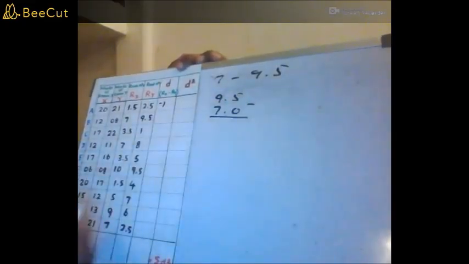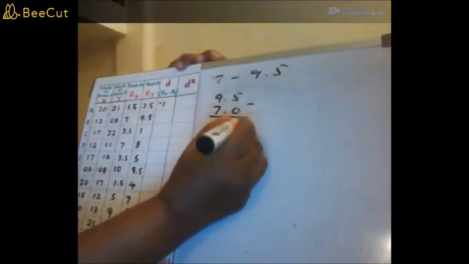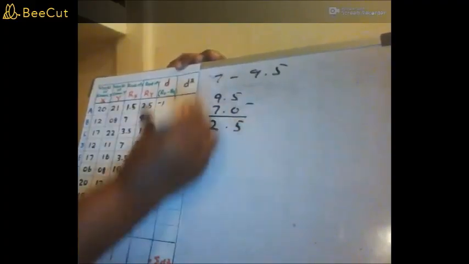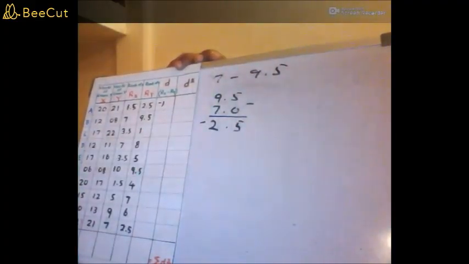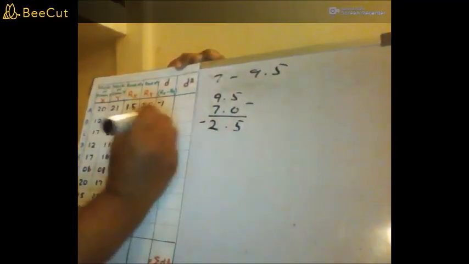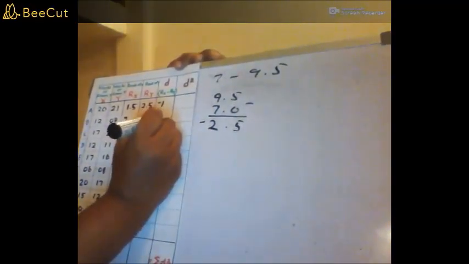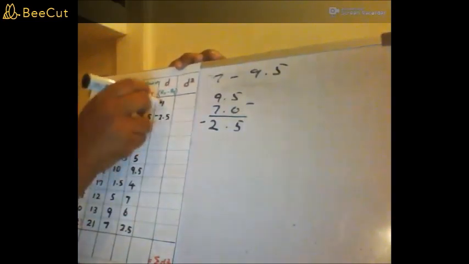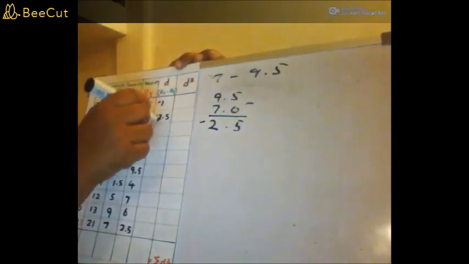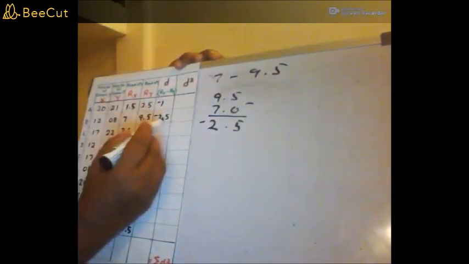It's 0. So it's 5, 2. And it should be minus because minus 9.5. So minus 2.5. Here also maintain this order, right? Here all full numbers. Here decimal numbers.